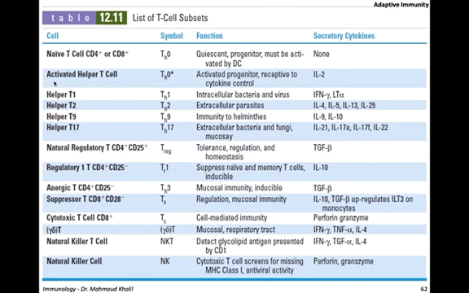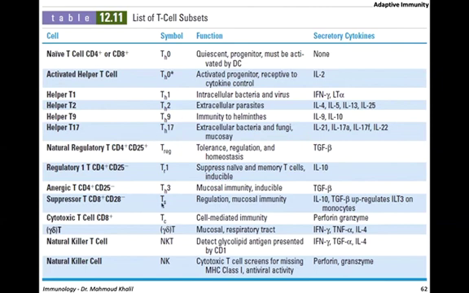You can see as well the activated helper T cell and the naive T helper cell. Although they have the same symbol, one of them is quiescent and the other is not, because it is activated, as you remember, by interleukin 2 as well.